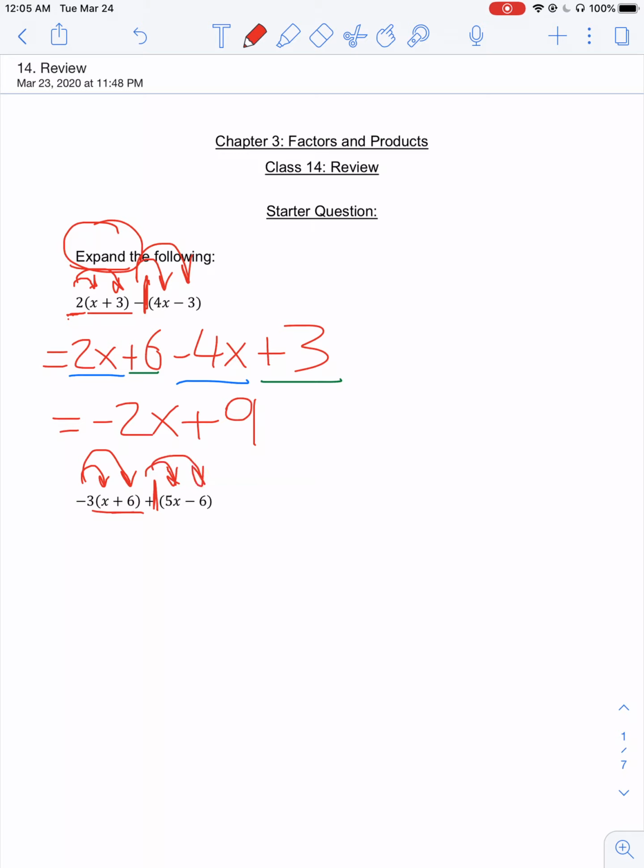So this will just become minus 3x, right, for the left side. Minus 3 times x, that's minus 3x minus 18. And then because I'm multiplying by 1, whatever I have inside the bracket doesn't really change. So I'm just going to get 5x minus 6 back, okay?